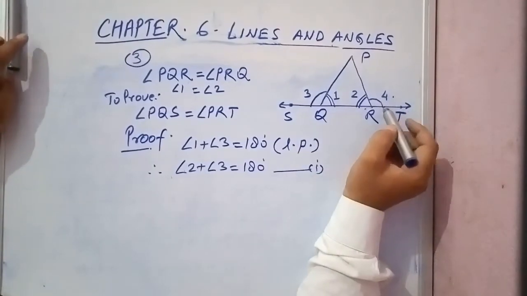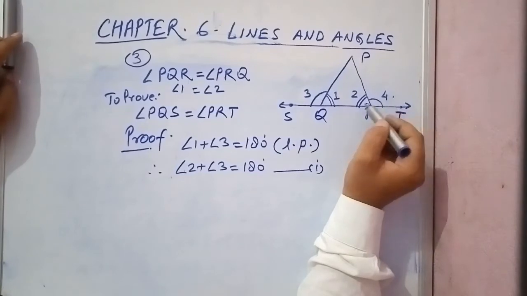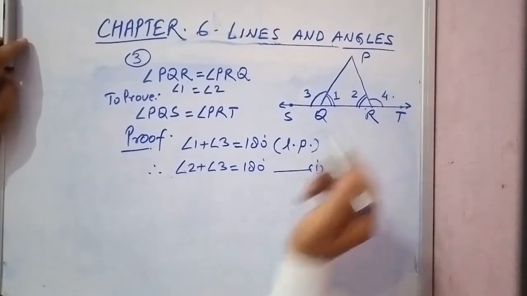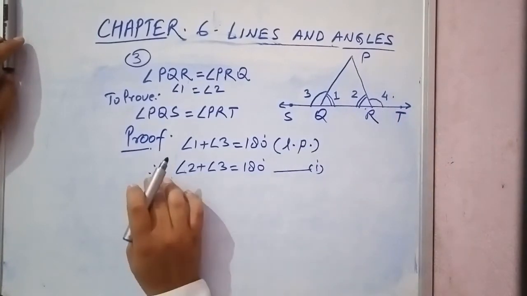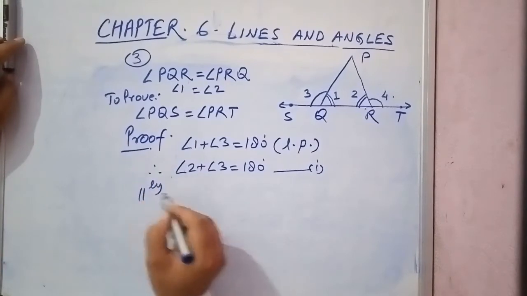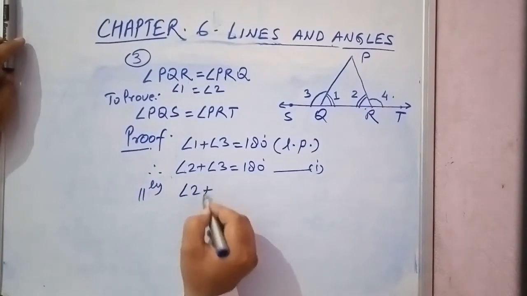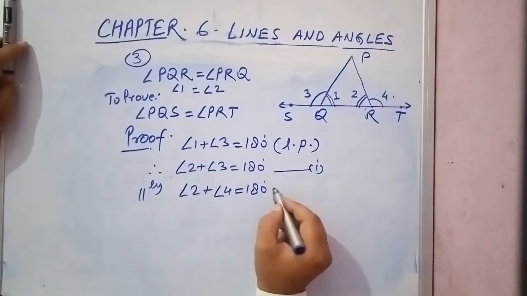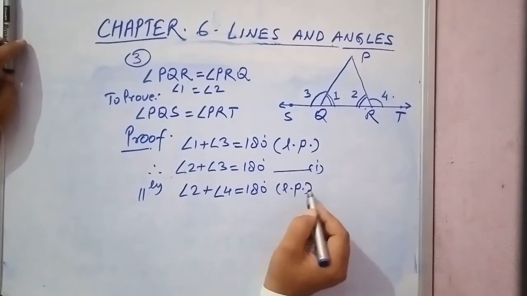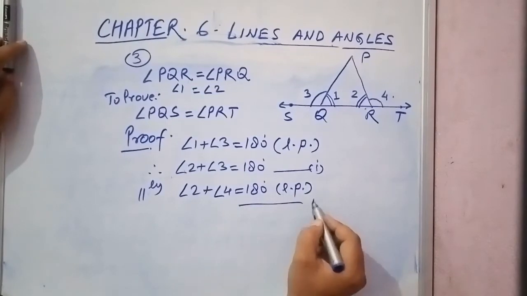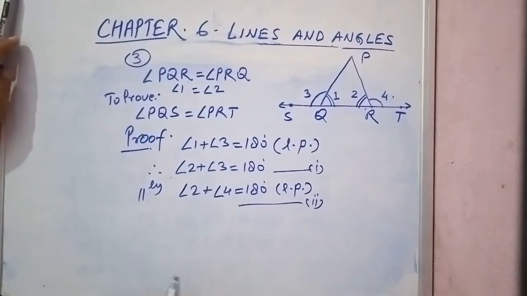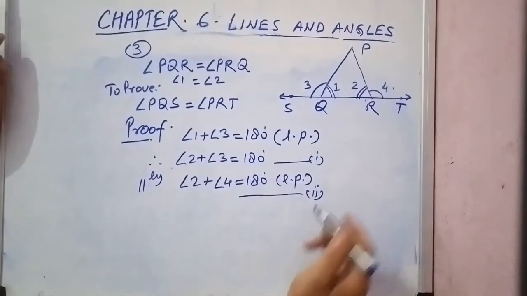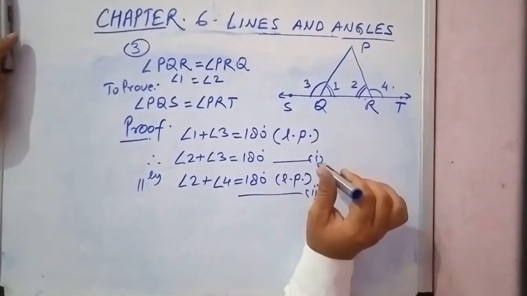Now angle 2 and angle 4 also form a linear pair, so angle 2 plus angle 4 also equals 180 degrees. Let this be equation number 2. Now compare these two equations.